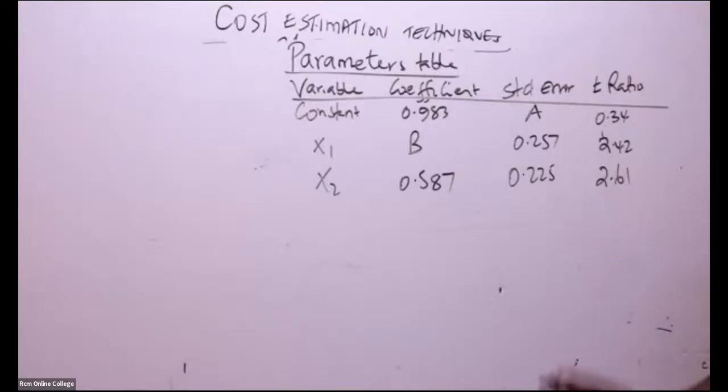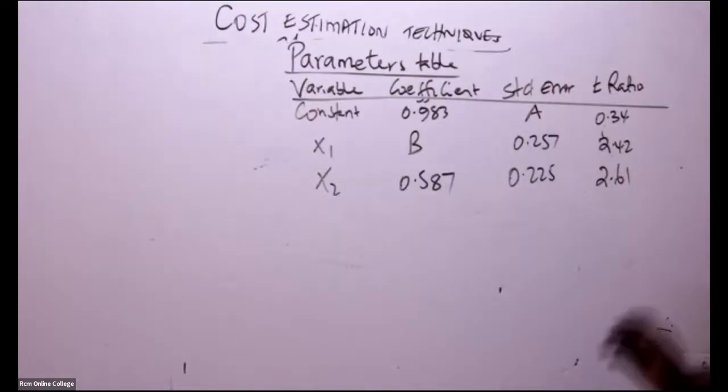So we have the parameter estimates, or the parameters table, the numbers table. We have the variable where we have constant, x1, x2, coefficient 0.983, B, 0.587, standard error 0.257, 0.225. T ratios are also given there. For those of you who did the quantitative analysis just the other semester, you must be remembering how to do these questions.